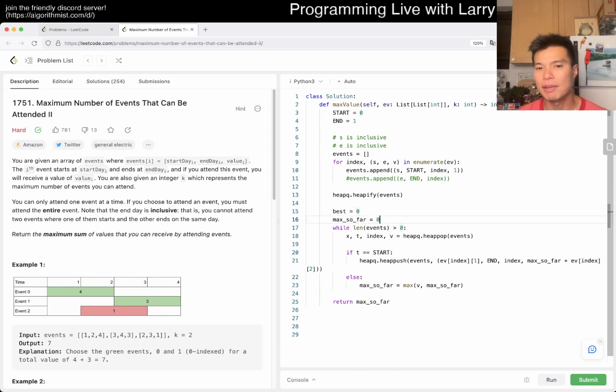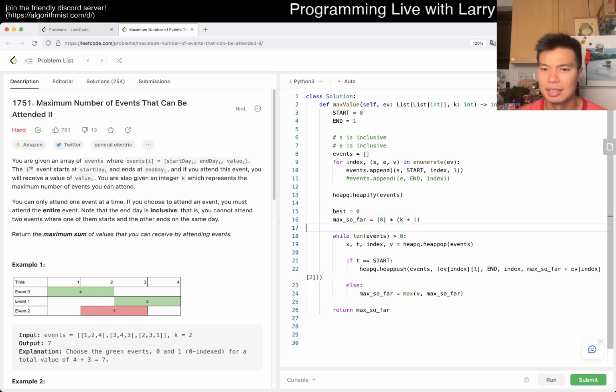And then now, instead of max so far, we're just going to have a max so far times k, or maybe k plus 1 to be more precise. I think this is just a modification of this one, so I guess we didn't really waste anything, but it is very awkward for sure.